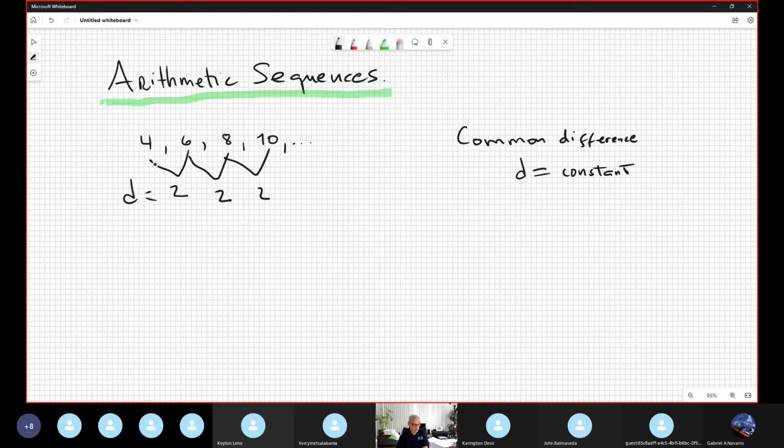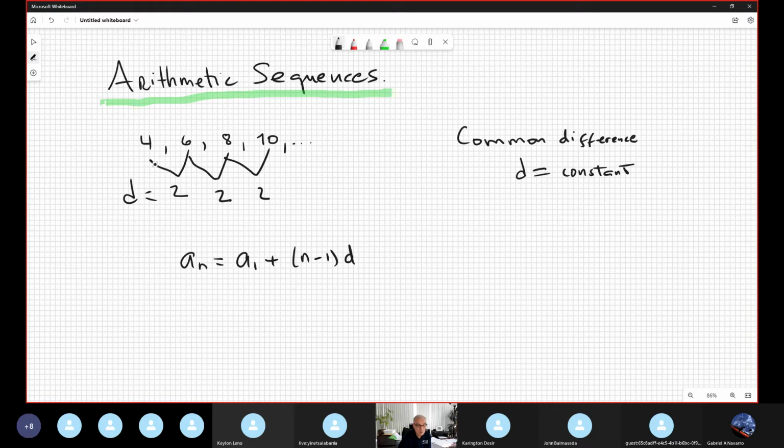Now when this situation happens, the formula to find A sub n in general is equal to A sub 1 plus n minus 1 times D. Let me identify: A sub n is any element inside the sequence, A sub 1 is the first one, and D is the common difference.